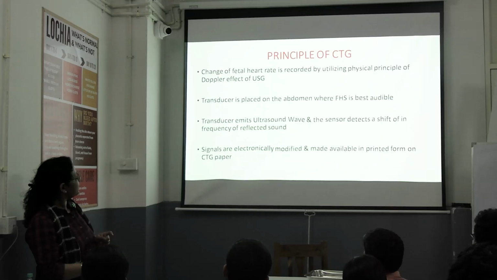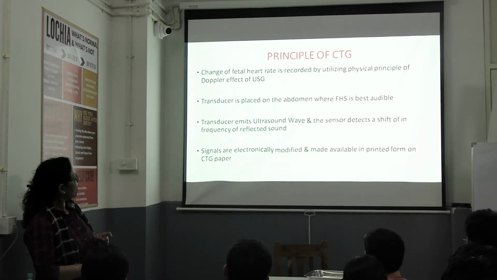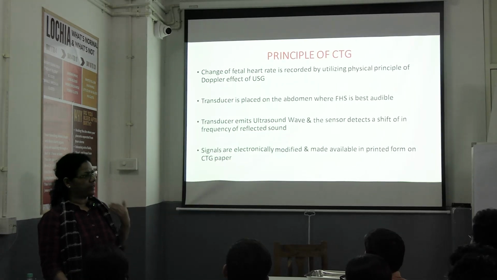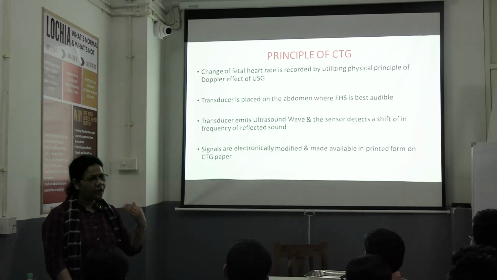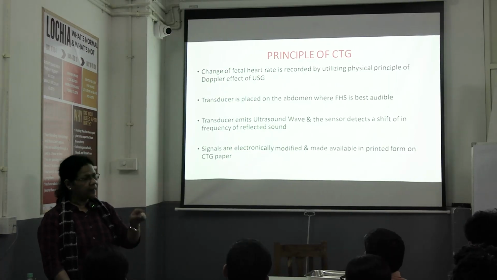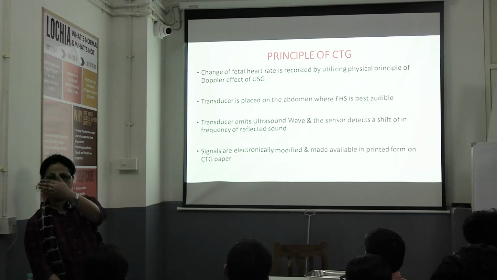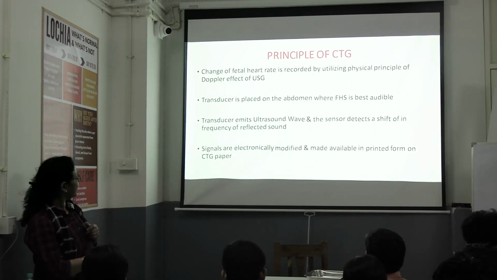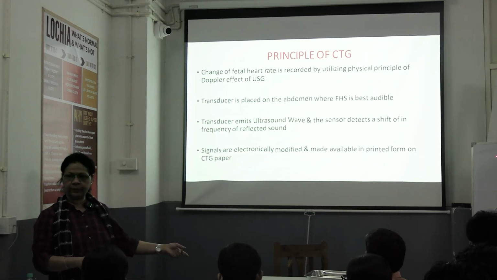The transducer emits ultrasound waves and the sensor detects a shift of frequency of reflected sound. So the sound is sent and again is reflected back. Every time the heart is beating, the sound is getting reflected. That is translated into the electronic device and the graph is made as a display. Signals are electronically modified and made available in printed form on CTG paper. This is the graph.